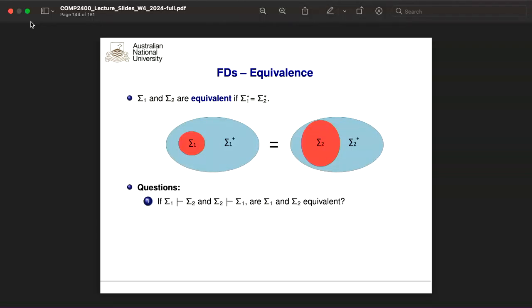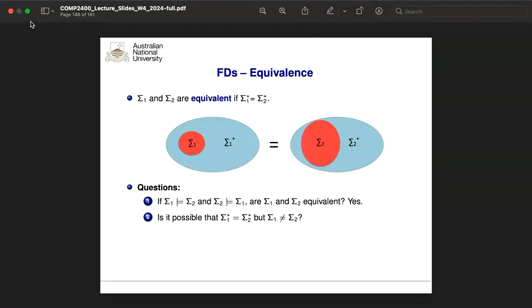I want to ask you some questions. If we have two sets of function dependencies, sigma 1 implies sigma 2, and also sigma 2 implies sigma 1, can we conclude they are equivalent? Yes.